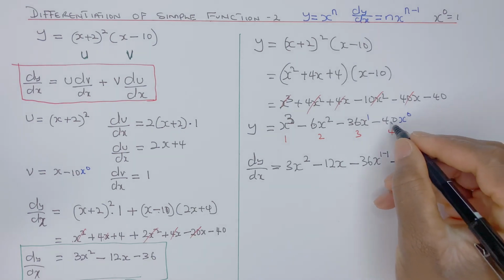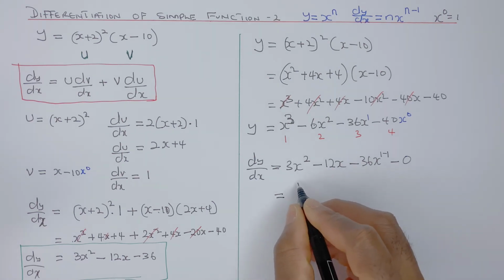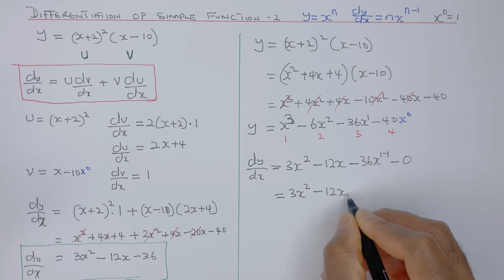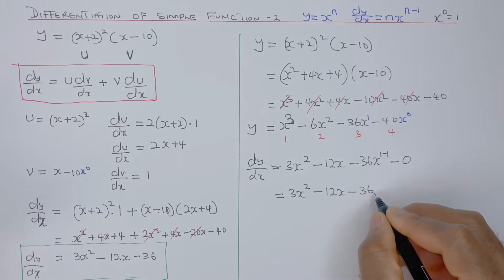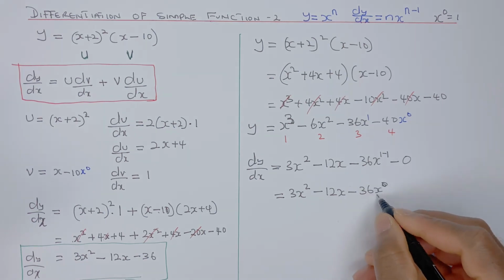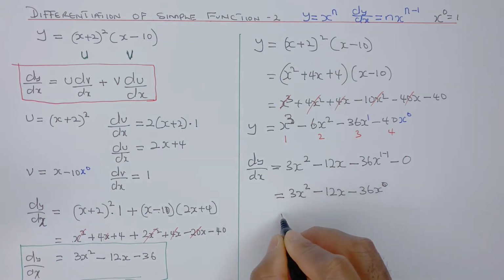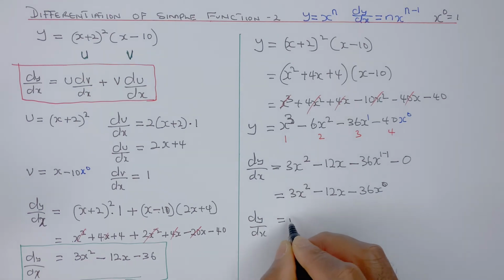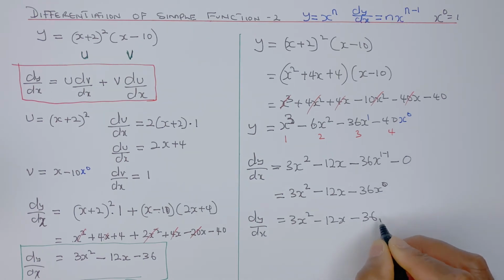Minus 0 times 40 is 0, so that constant is 0. And then you get 3x squared minus 12x minus 36 x to the power 0. You know, x to the power 0 is 1. 1 times minus 36 is minus 36. So therefore, dy/dx equals 3x squared minus 12x minus 36.